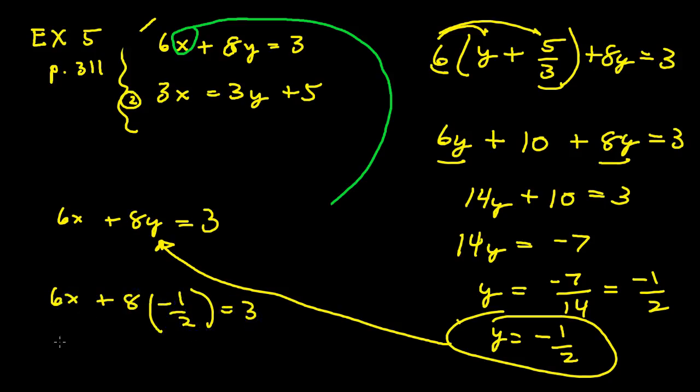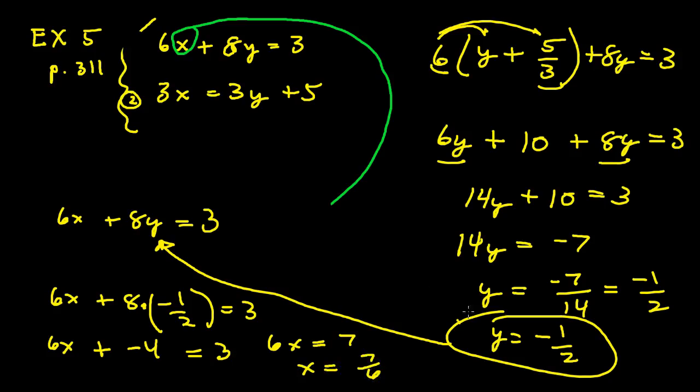Okay. I get 6x on the left plus 8 times -1/2 is -4. So 6x, if I then add 4 to both sides, I get 6x equals 7. And solving then for x, I get x equals 7/6.